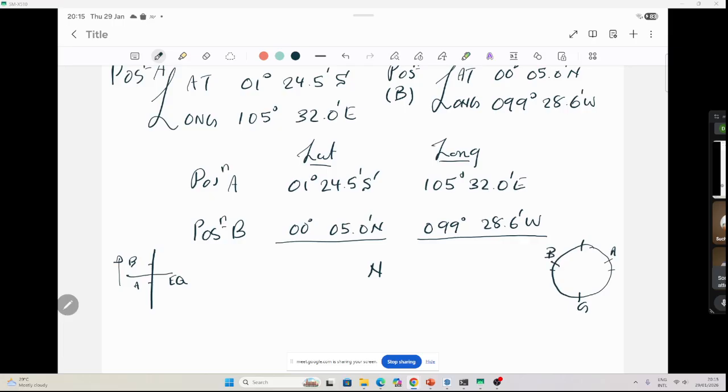So what is the shortest distance from A to B? You can see it is the anti-clockwise direction. This is the shortest. Can you see that? Are we clear, guys? Yes, sir. Right. So this is the shortest distance.